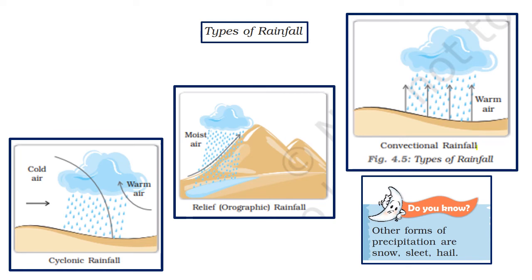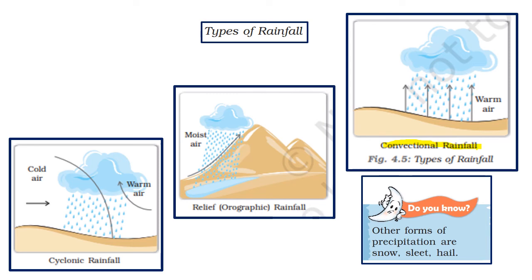When temperature is high, air gets heated, water of that area also gets heated, evaporates very quickly and rises very fast, reaching the upper troposphere, gets cooled, gets condensed, clouds form and precipitation occurs. If this type of cycle occurs, meaning evaporation takes place, cloud forms, and at the same place precipitation occurs, it is called convectional rainfall.